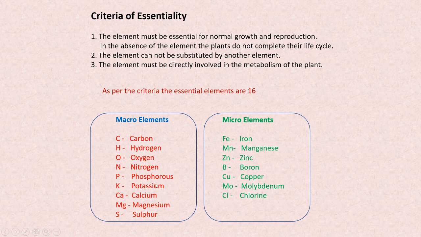Then nitrogen, phosphorus, and potassium are called critical elements because they are very much required for growth and development.